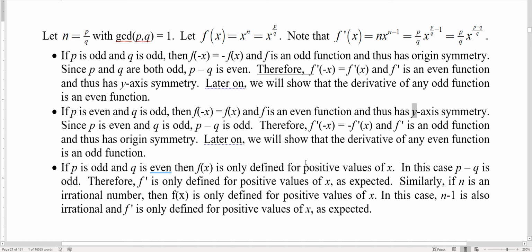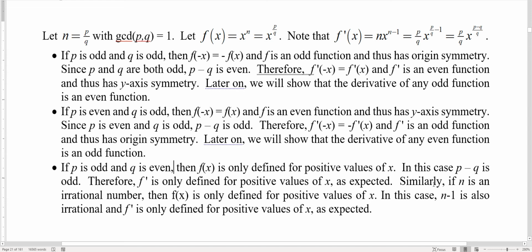If p is odd and q is even, then f of x is only defined for positive values of x, so the derivative should only be defined for positive values of x. Notice this works out because in this case p minus q is odd, so we get odd over even again, so the derivative is only defined for positive values of x, as you would expect.